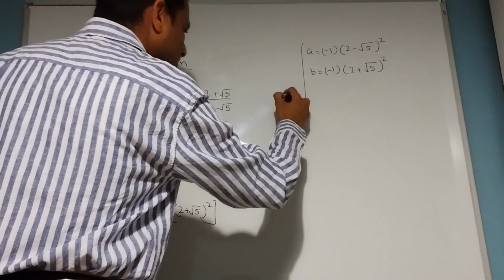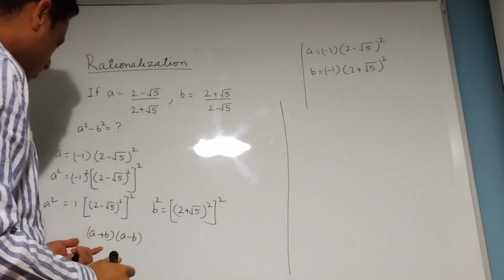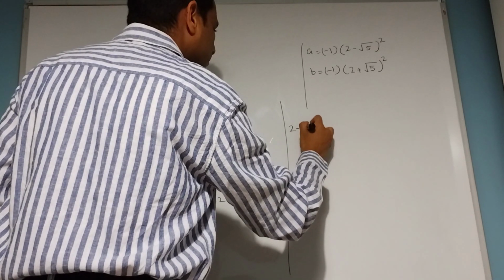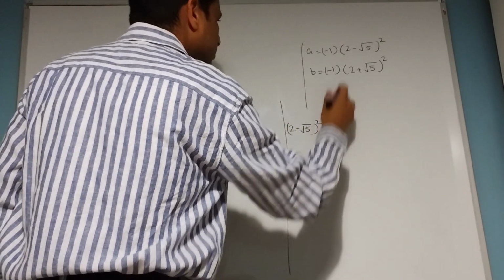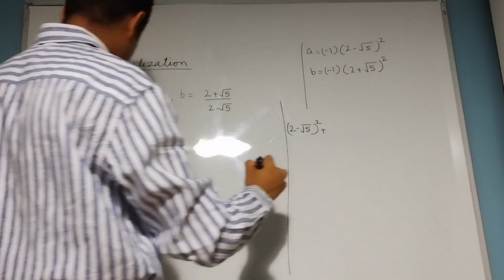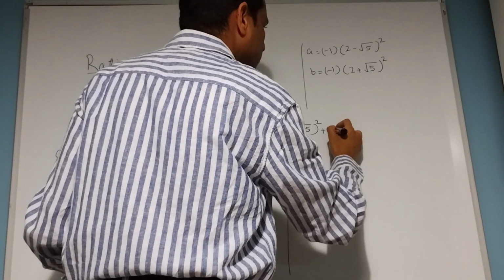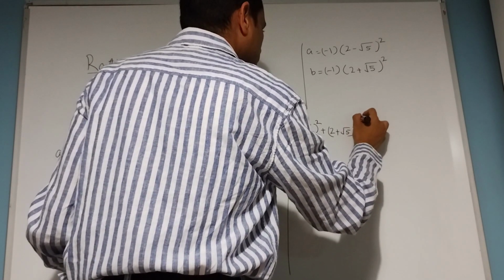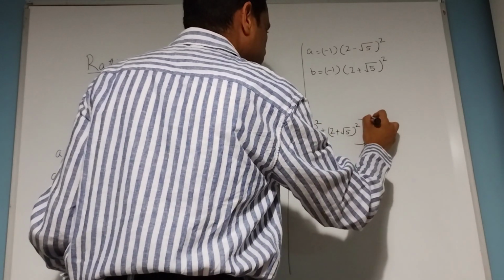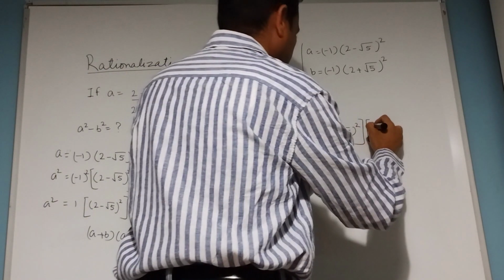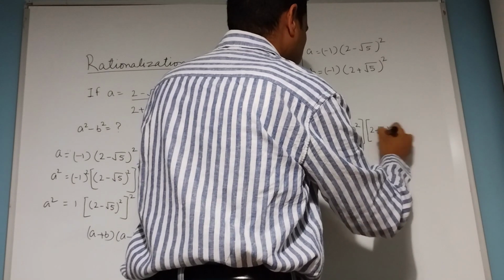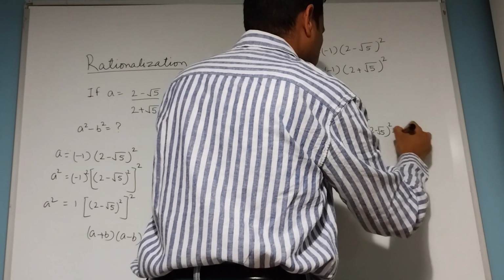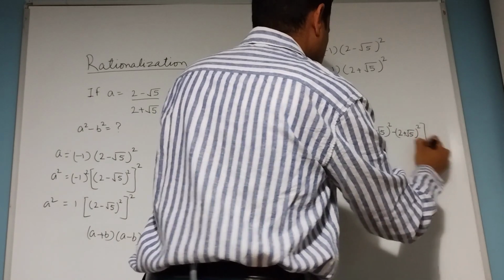Now our question becomes rather more easy. What is a plus b? A is 2 minus root 5 whole squared, and b is 2 plus root 5 whole squared. This is a plus b times a minus b: 2 minus root 5 whole square minus 2 plus root 5 whole square.